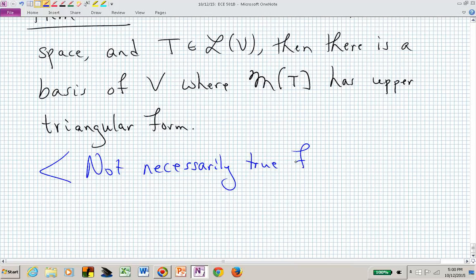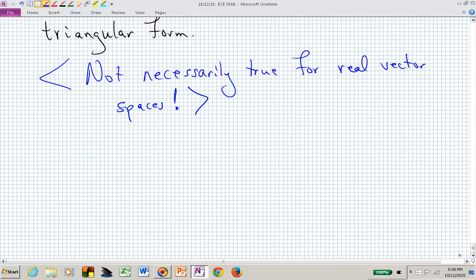Not necessarily true for real vector spaces. And now just think of that two-dimensional example of a rotation. That didn't even have an eigenvalue. So if we didn't have an eigenvalue, we can't find it on the diagonal of one of these matrix representations.